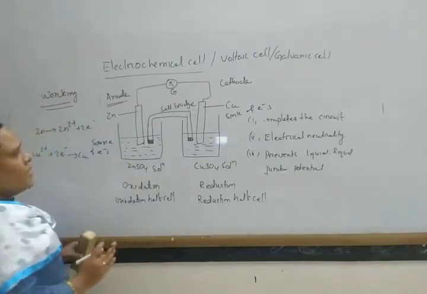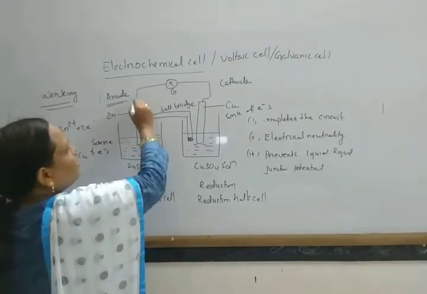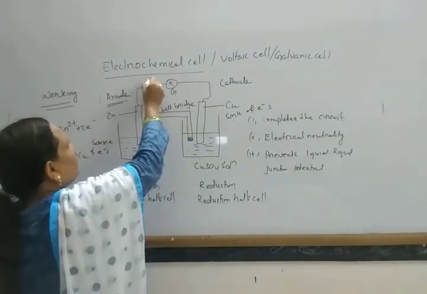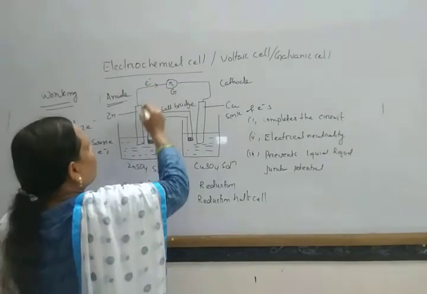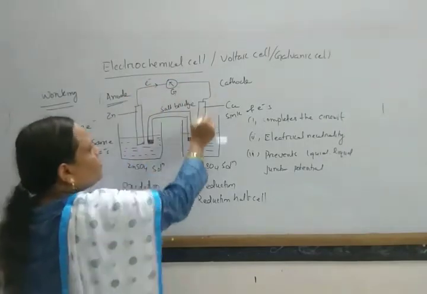Now the electrons move through the external circuit from anode to cathode.